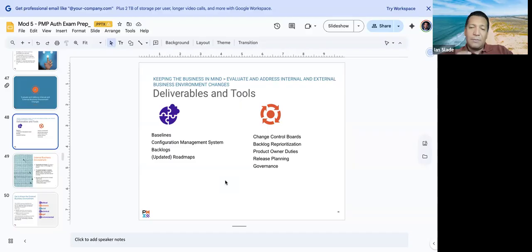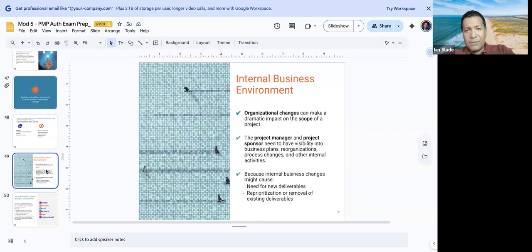Now, once it's reprioritized, then it goes back to the project manager to make sure that we go through our sprints and work on the reprioritized list. All right. Internal business environment. So these are all internal to the organization, right?